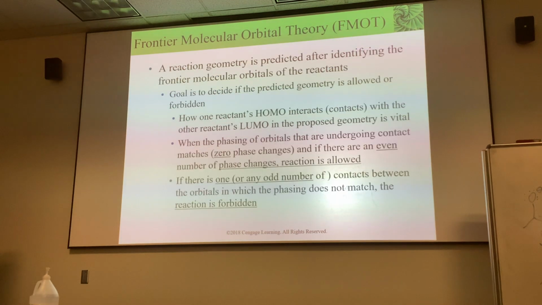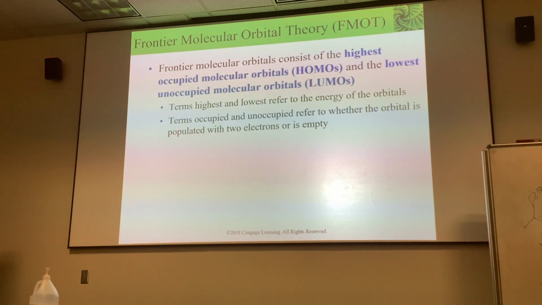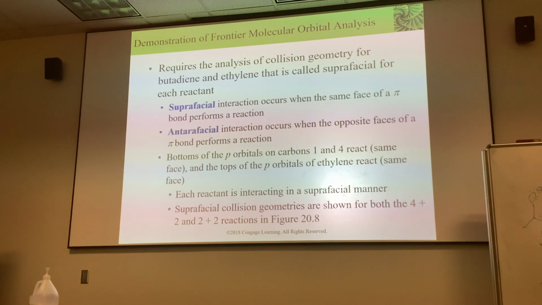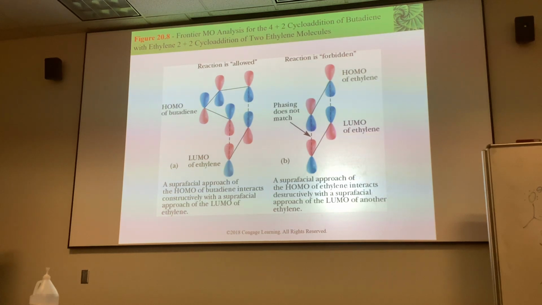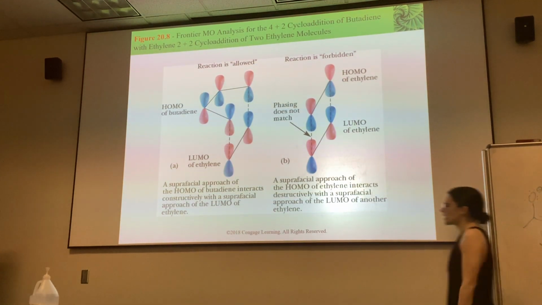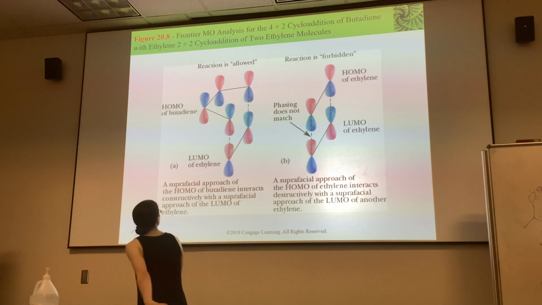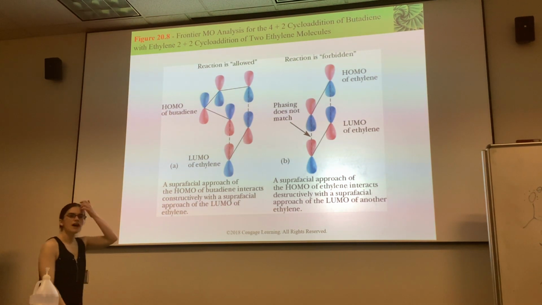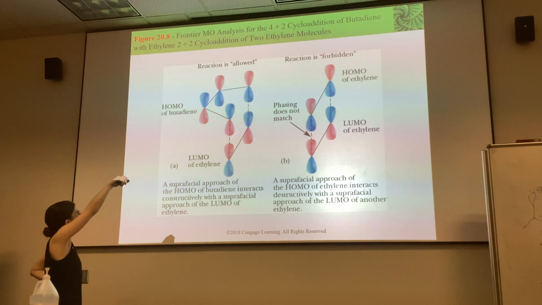Frontier molecular orbitals are the HOMO and the LUMO orbital, so we've already kind of defined those. Here's what I want to talk about. This is the only part of this I really care about. If you were to draw the HOMO and the LUMO orbitals, you can hold them up next to each other and see if they would interact.